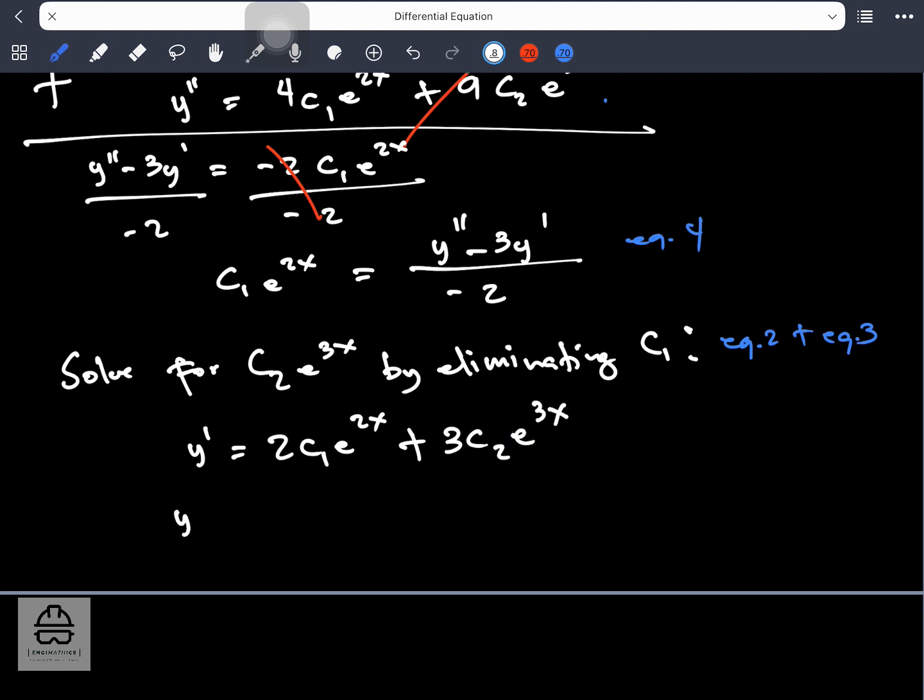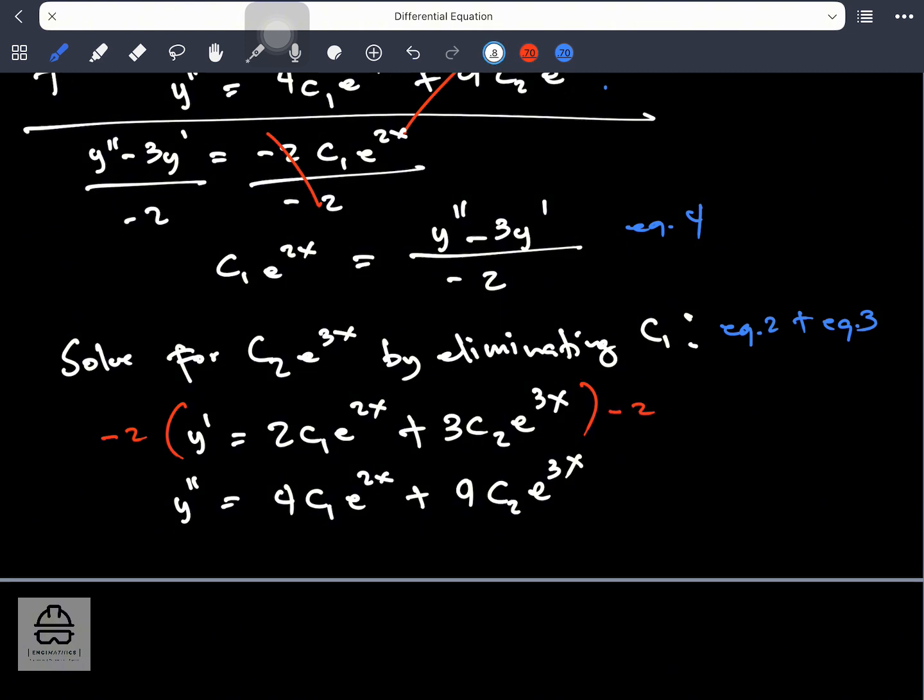Okay? Y double prime is equal to 4c sub 1 e raised to 2x plus 9c sub 2 e raised to 3x. Okay? So, our goal here is to eliminate c sub 1. That means we will be multiplying by a number that will eliminate the c sub 1. That will be negative 2. Okay? Negative 2 on both sides.